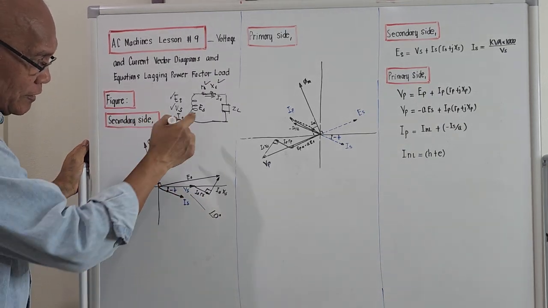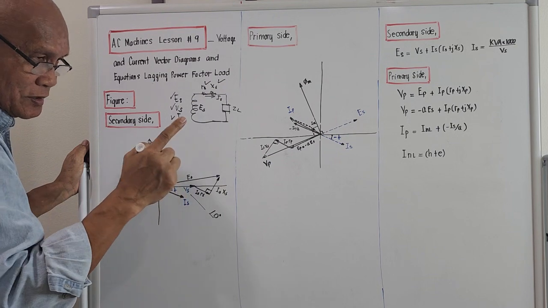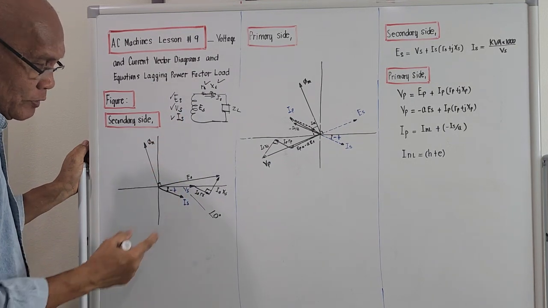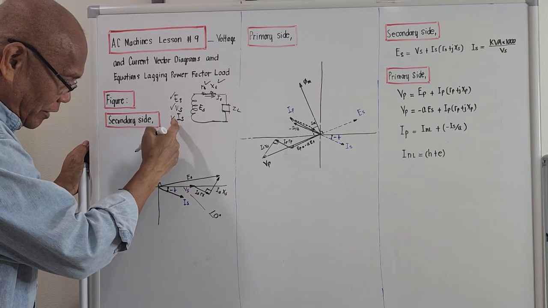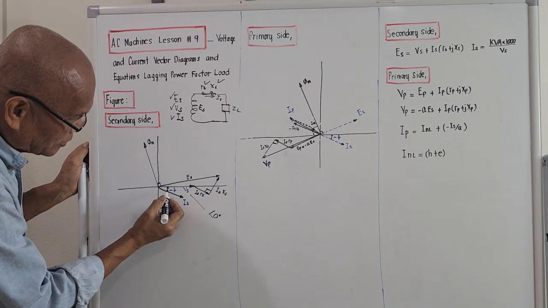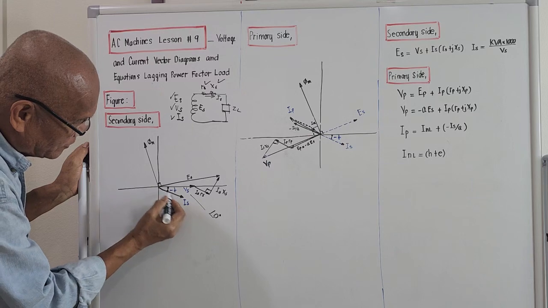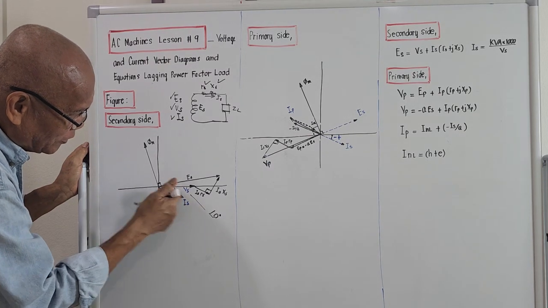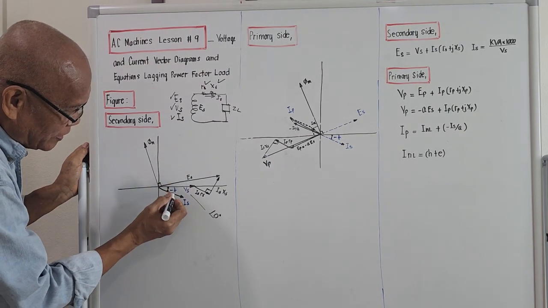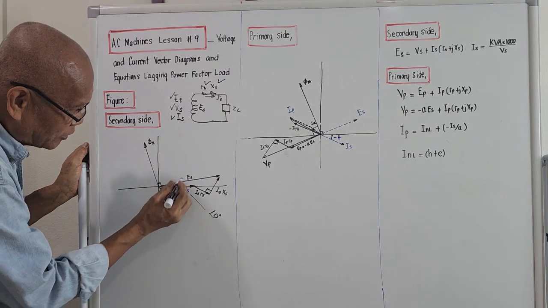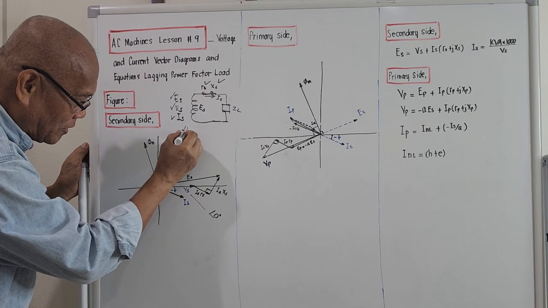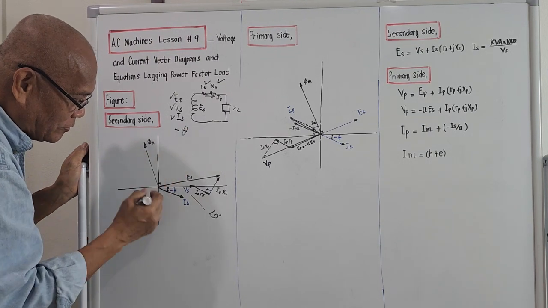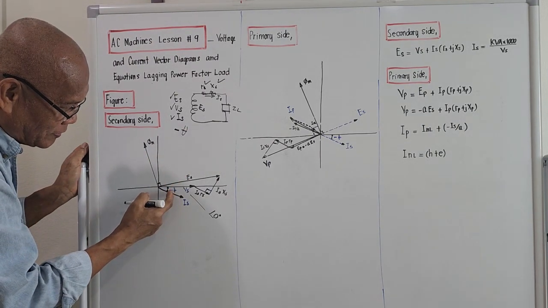And if the current drawn by the load is with the lagging power factor, if we try to bring out the vector diagram of this, it should be this vector diagram here. It is below V sub S, and the difference in angle is the angle of lag. It should be a negative value, so this is actually negative theta.